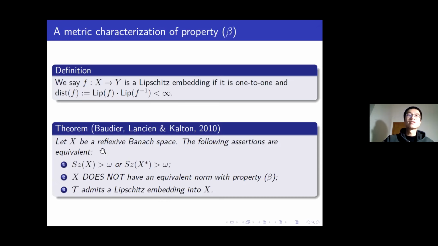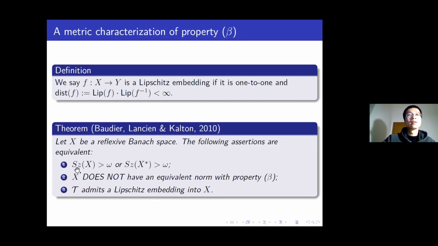More precisely, if X is a reflexive Banach space, then X doesn't have an equivalent norm with property beta if and only if the countably branching tree T admits a Lipschitz embedding into the space. They proved this theorem using the notion of strong Szlenk index. What they prove is actually the equivalence between 1 and 3.